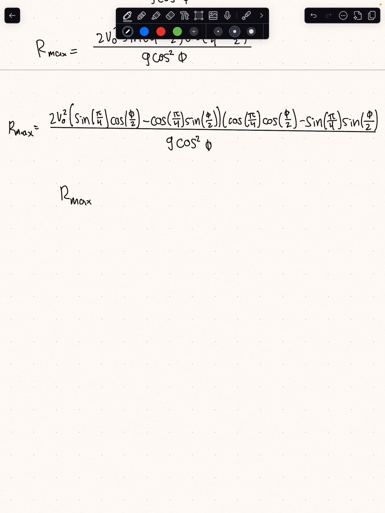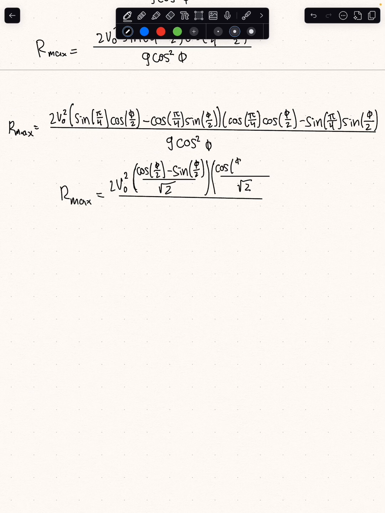And then R max is going to simplify to V naught squared times 2 V naught squared times, divided by root 2, cosine phi over 2 minus sine of phi over 2, multiplied by something very similar, divided by root 2, cosine phi over 2 minus sine phi over 2.